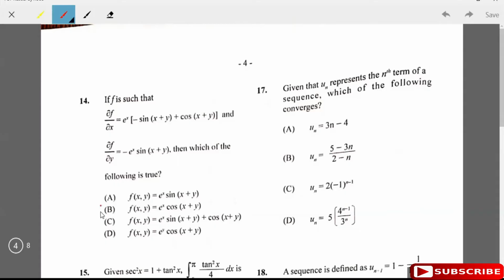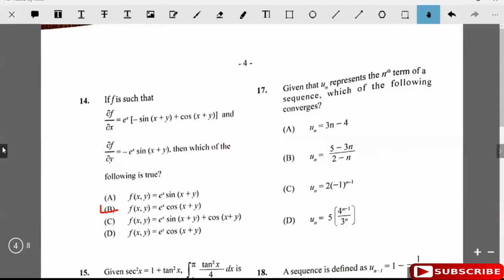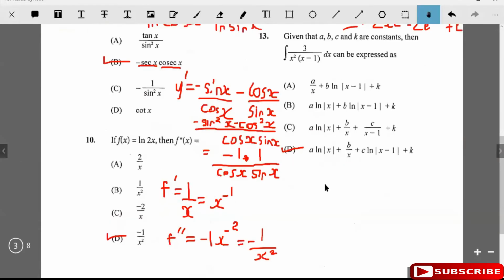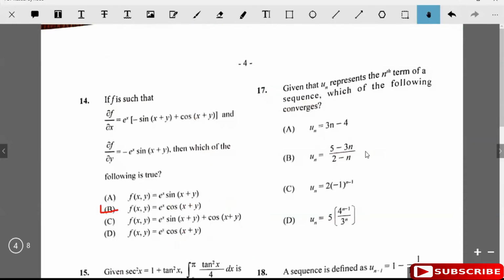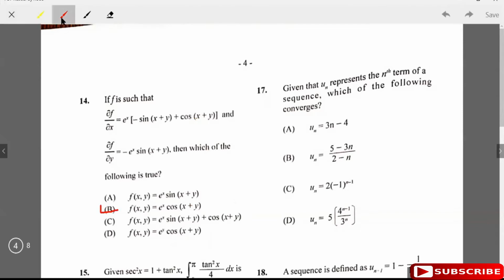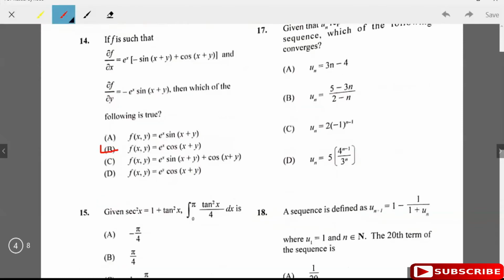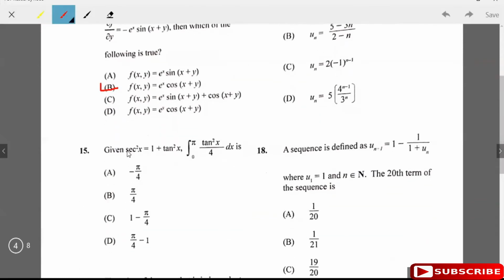Question 13 is dog, and question 14 is bat. So that's a repeat question. Question 15, this is a repeat question as well. We said that was minus pi by 4. We did that in the last paper.